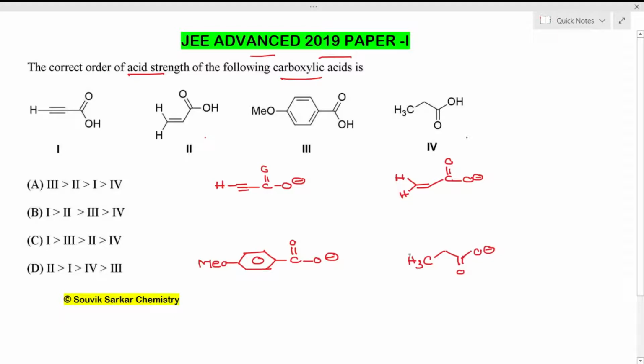Now we have to determine the relative stability of these 4 different conjugate bases, according to the inductive effect and mesomeric effect.